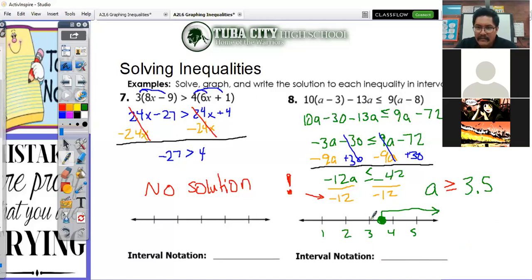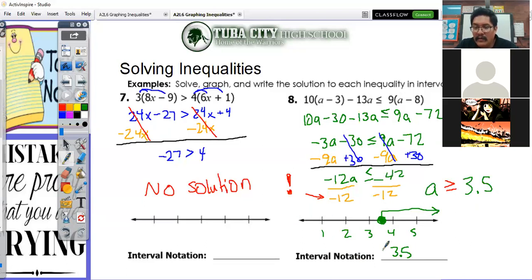All right, now we just got to put it into notation, interval notation. So from negative infinity, we have nothing. All right, 3.5 is the lowest.